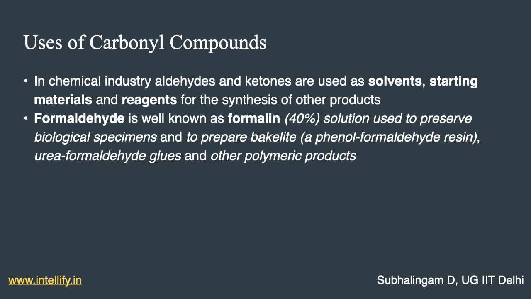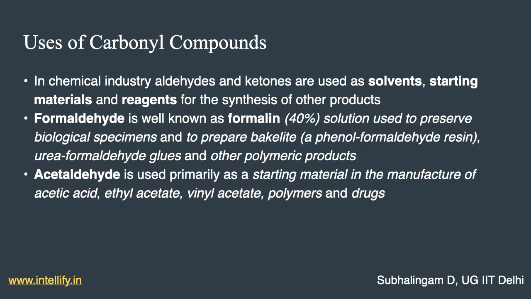Formaldehyde is well known as formalin, that is 40% solution used to prepare biological specimens and to prepare bakelite, which is a phenol formaldehyde resin, urea formaldehyde glues and other polymeric products. Acetaldehyde is used primarily as a starting material in the manufacture of acetic acid, ethyl acetate, vinyl acetate, polymers and drugs.